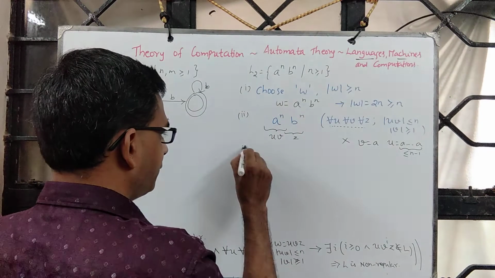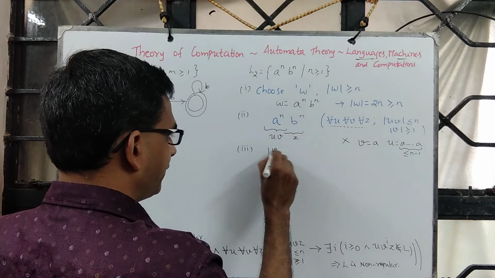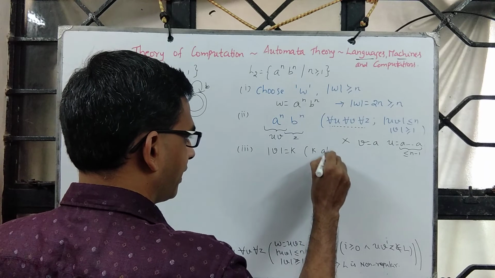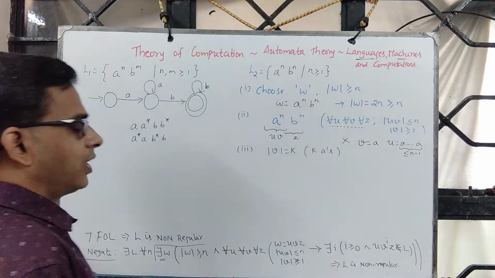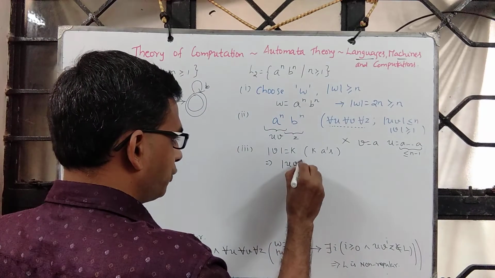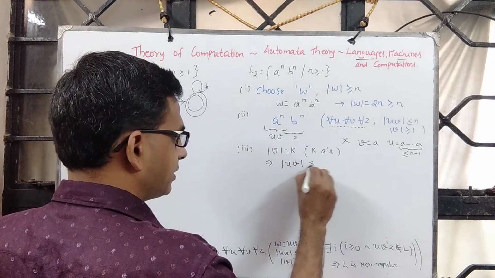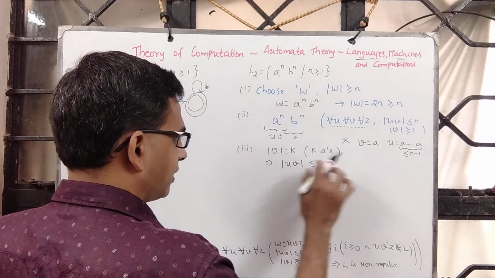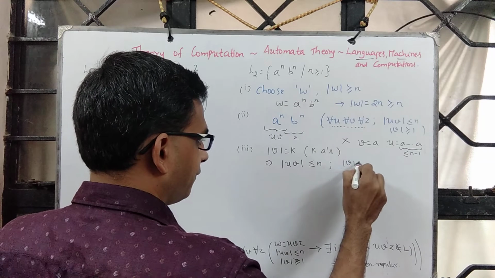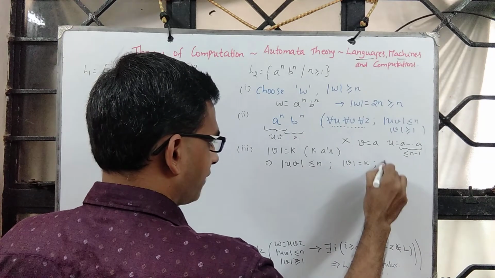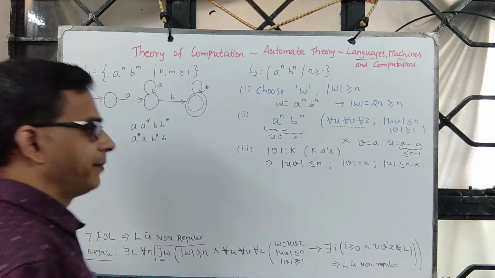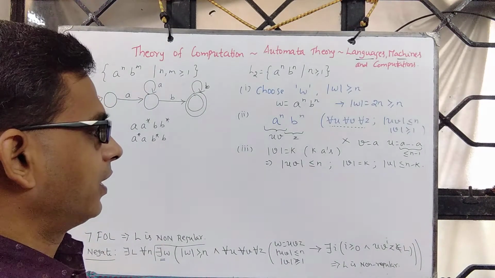So let's assume the cardinality of v is k. And this implies that uv is at most n, which means the cardinality of u is at most n minus k. Correct?